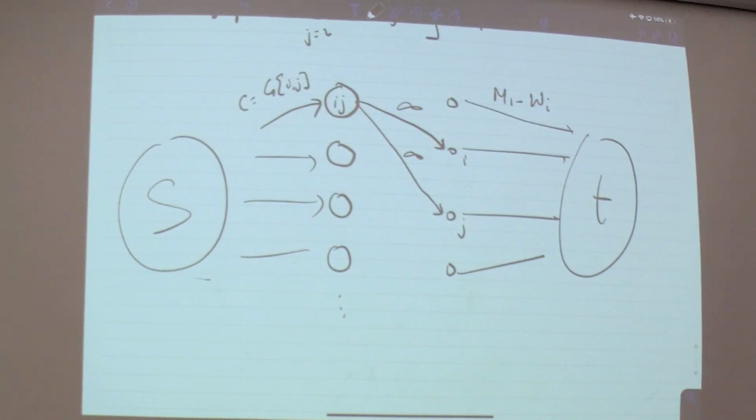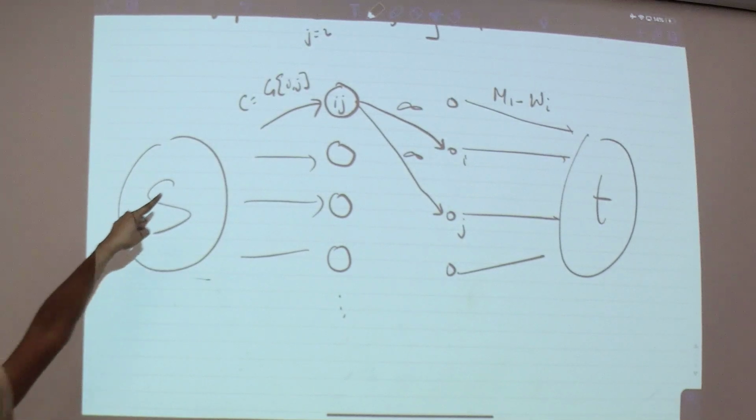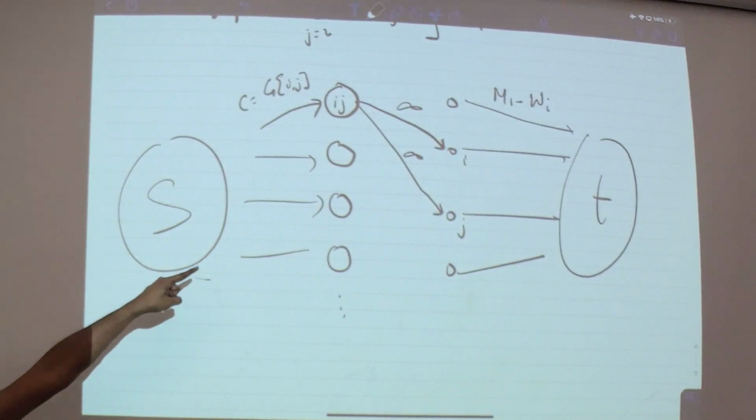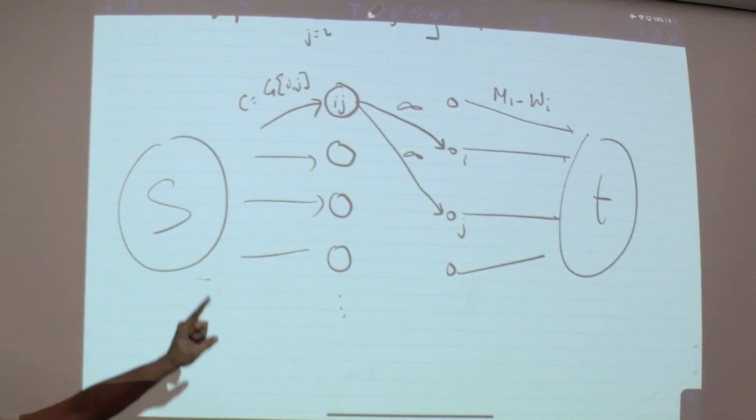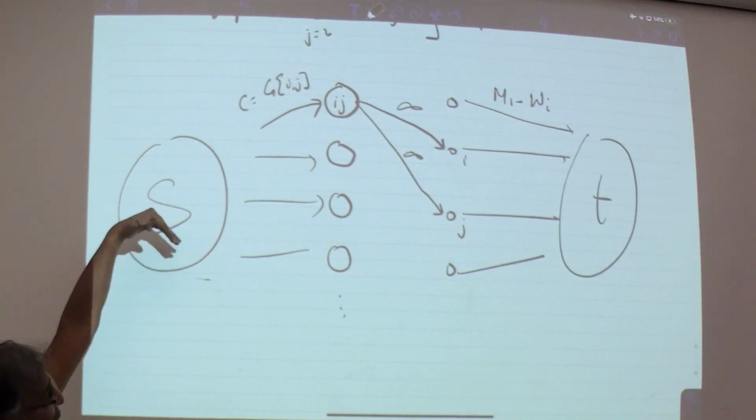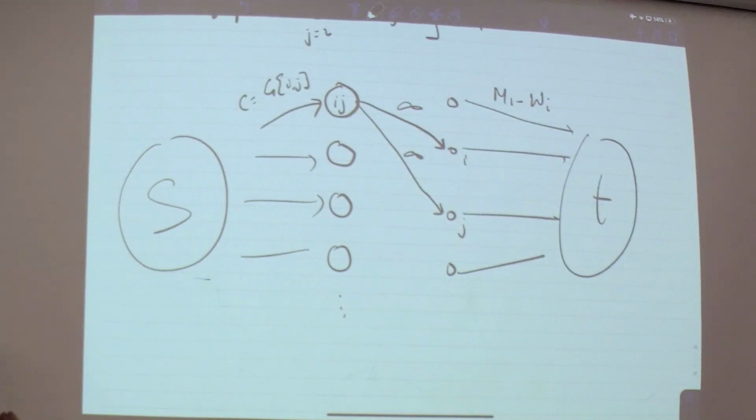And now notice that all these edges represent unique games, right? Games between I and J are different from games between I and K, from L and J, and so on. So each unit of flow represents some game.